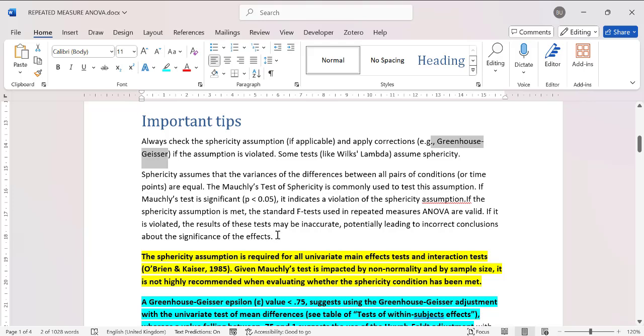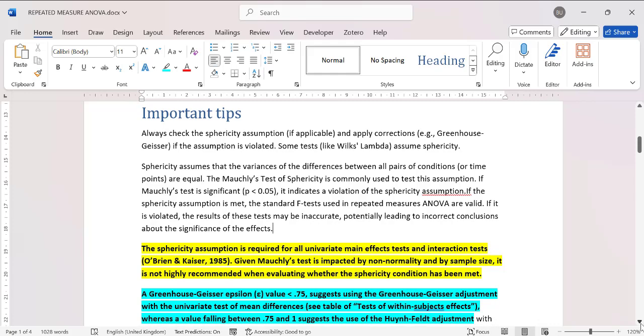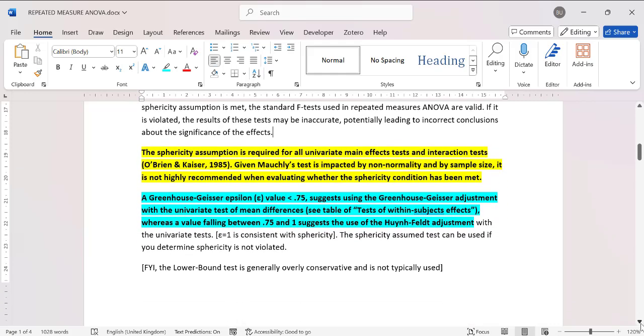we'll demonstrate this. Another thing we need to know is that when the Greenhouse-Geisser p-value is less than 0.75, you can safely interpret your findings using the values from the Greenhouse-Geisser test.